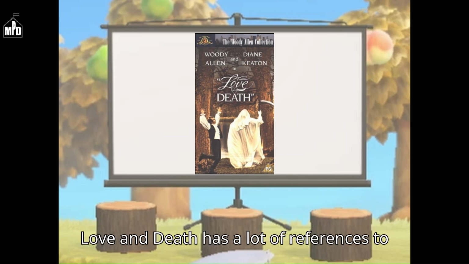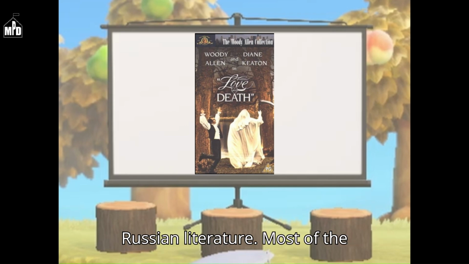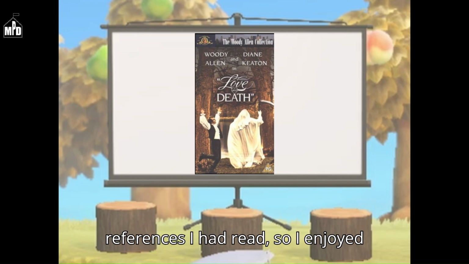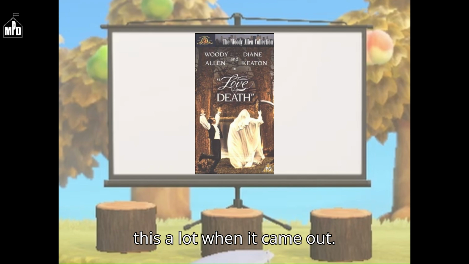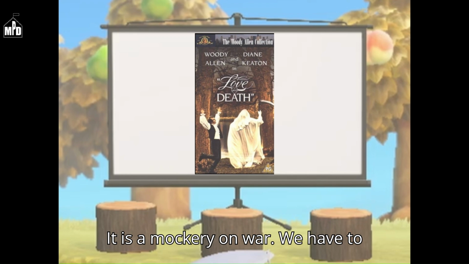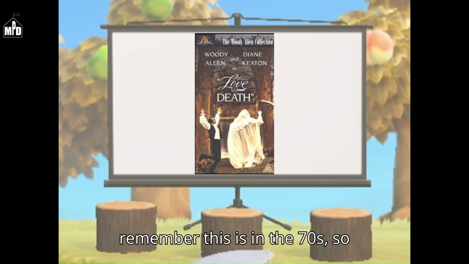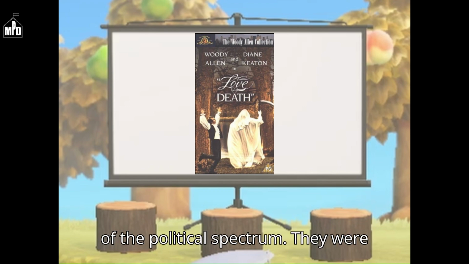Love and Death has a lot of references to Russian literature, and most of the references I had read, so I enjoyed this a lot when it came out. It is a mockery on war. We have to remember this is in the 70s, so most of our media at that time, still today, comes from the left of the political spectrum.